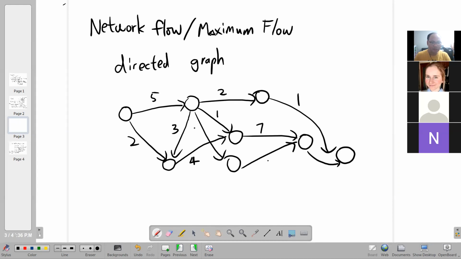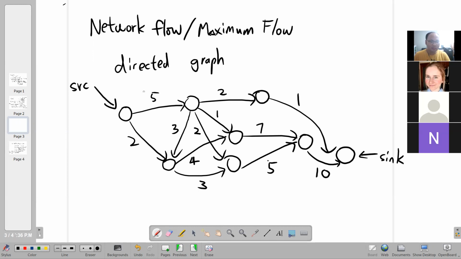Make this bigger. And then maybe this one would be something like this. And then there are two special nodes. One is called a source and one is called a sink.